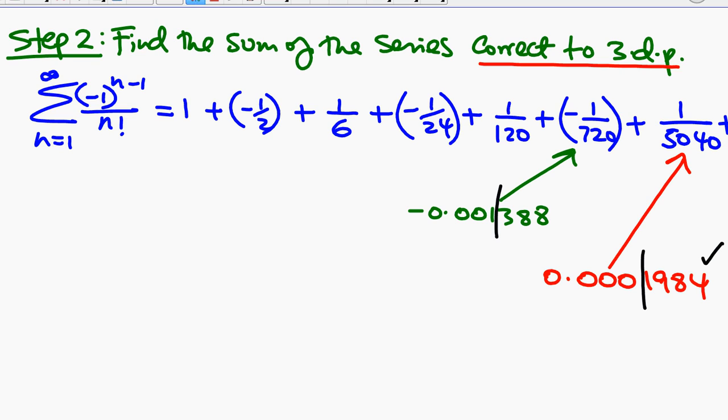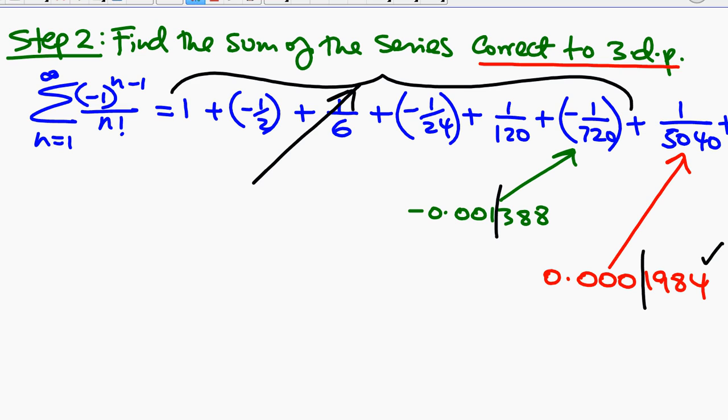If we take the first, how many terms are these? This is up to here. If we take that sum, 1, 2, 3, 4, 5, 6, the sum of the first 6 terms will be correct to 3 decimal places, because the error is at most 0.0001984.